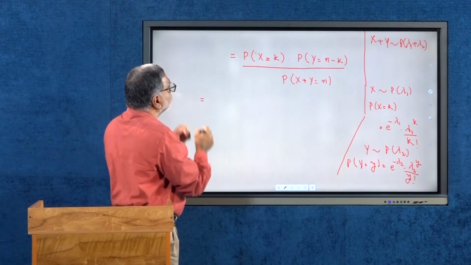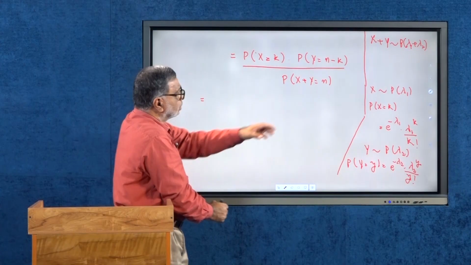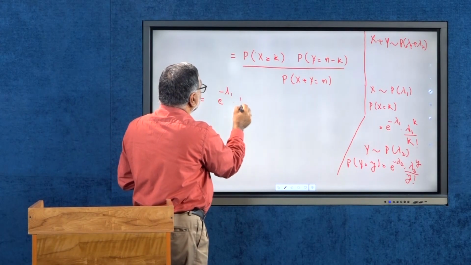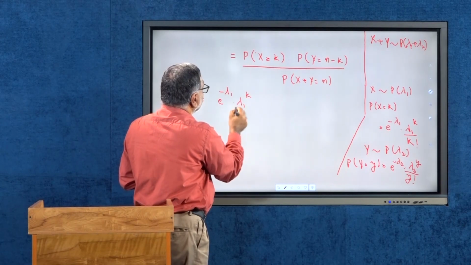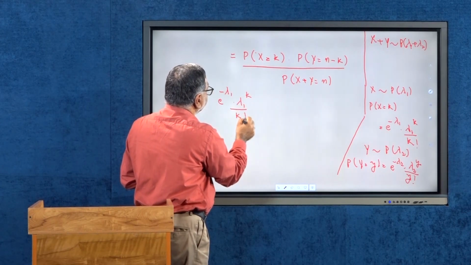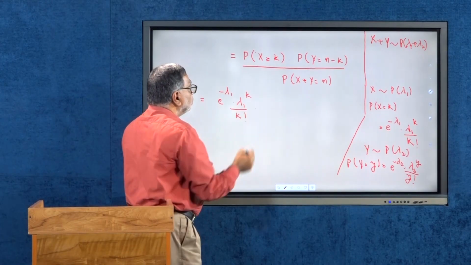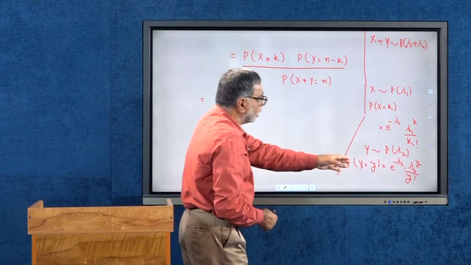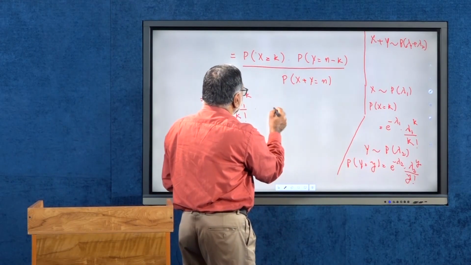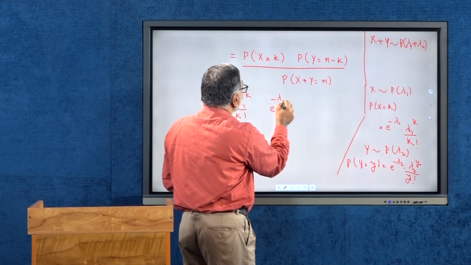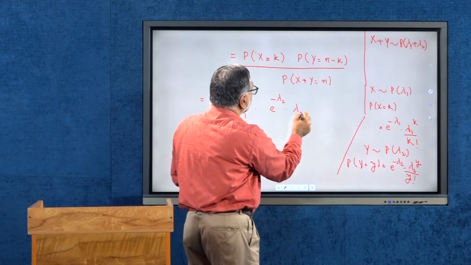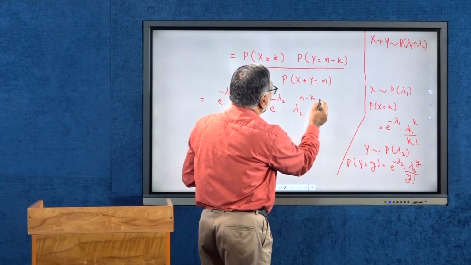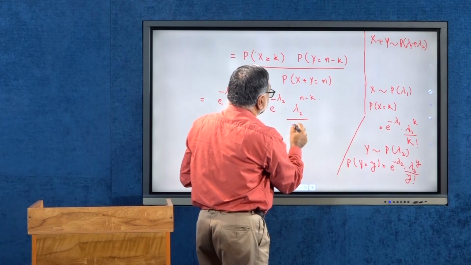This is equal to the probability of X equal to k, that is e power minus lambda 1 lambda 1 power k divided by k factorial, into the probability of Y equal to n minus k. The probability of Y equal to n minus k is obtained from here as e power minus lambda 2 lambda 2 power n minus k divided by n minus k factorial.